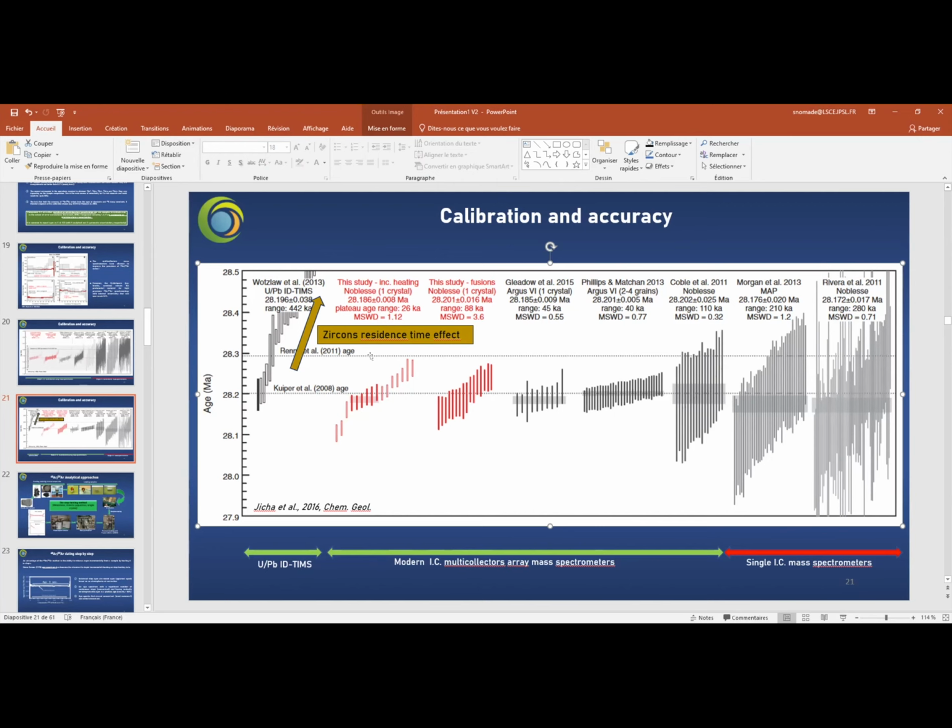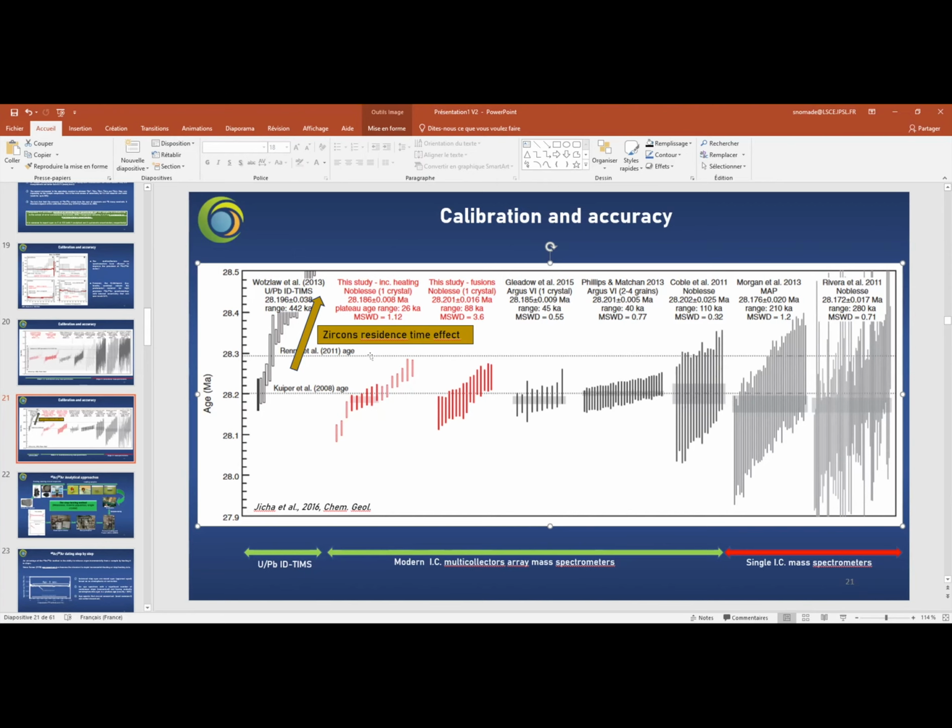I don't know. Urs is not here to discuss that. But one point is important here: for many problems in chronostratigraphy, you don't really care about the accuracy of your age. What is important is the duration of processes, duration of periods.